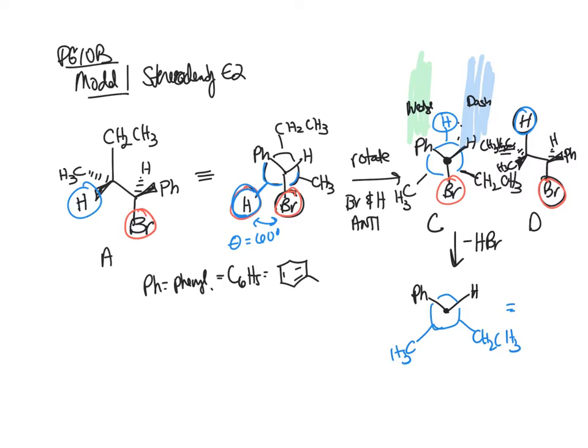So if you convert that, then you have phenyl, CH3 on the same side. Here you have CH2CH3 and hydrogen on the same side. Okay, so that's E.